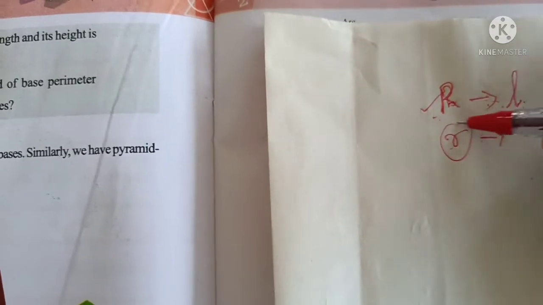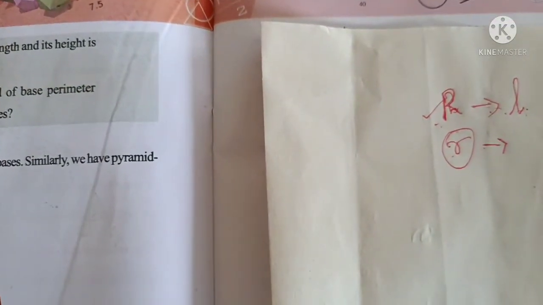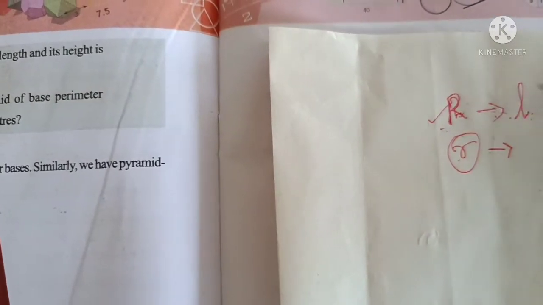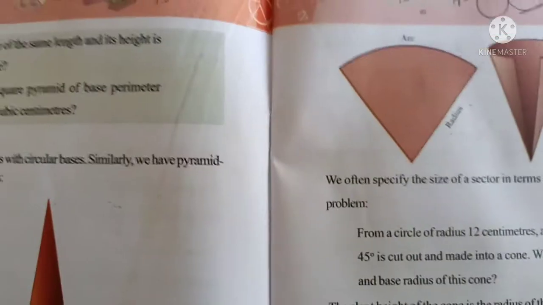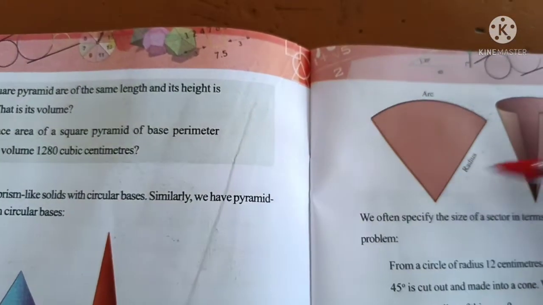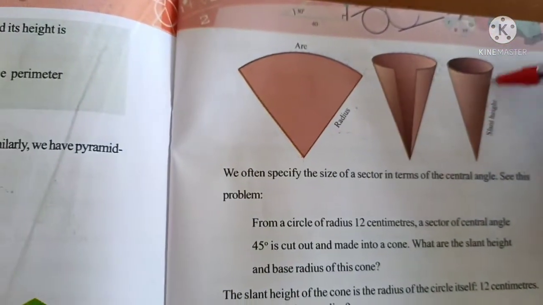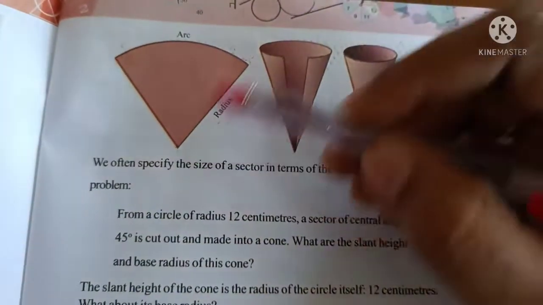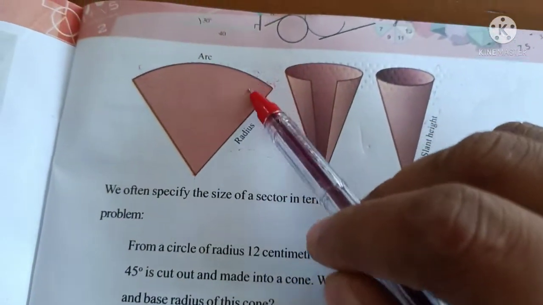And how do we find the radius of the cone? The radius of the sector and the slant height of the cone are equal. If we roll up the sector, what will be the length of the arc?